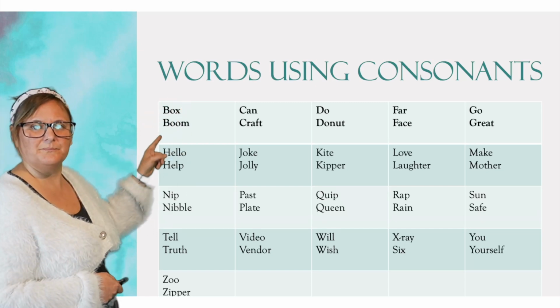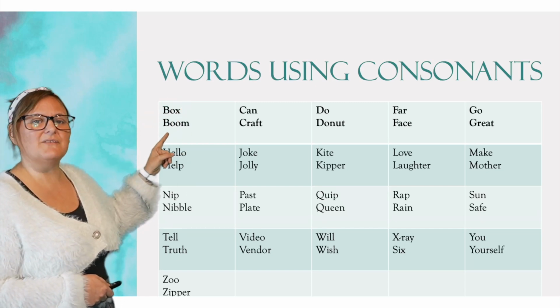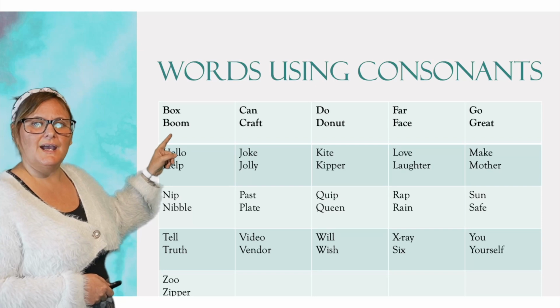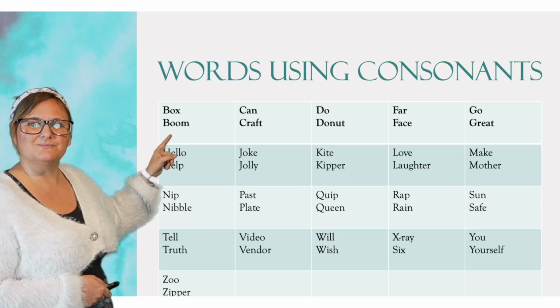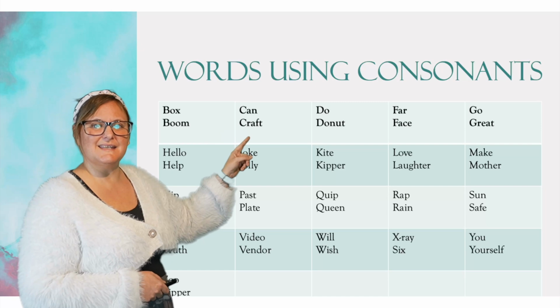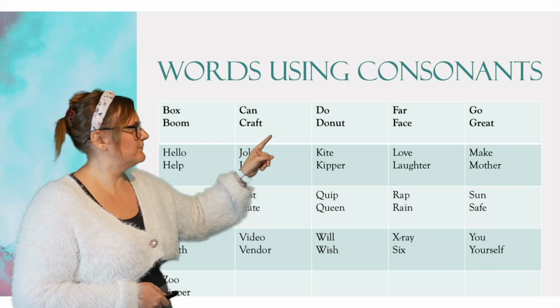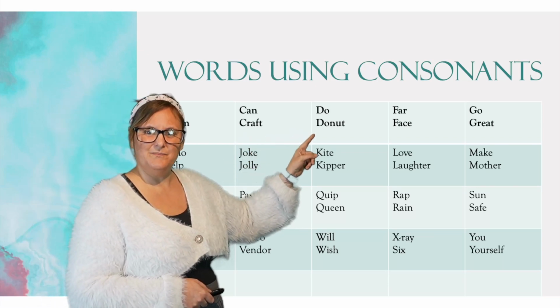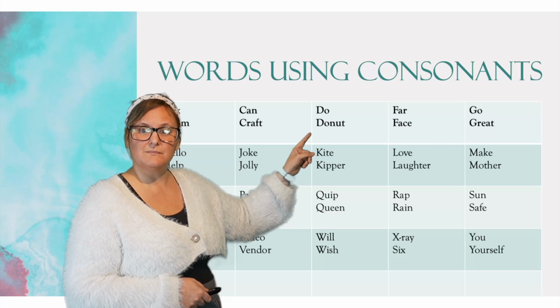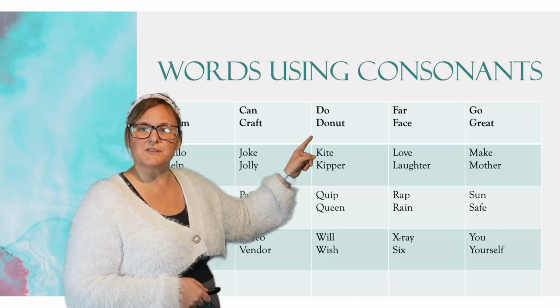Let's start here. B, we have box and boom. C, can and craft. D, do and donut.